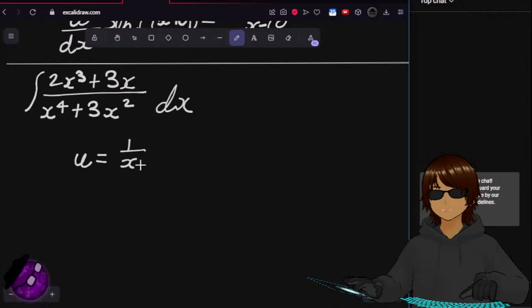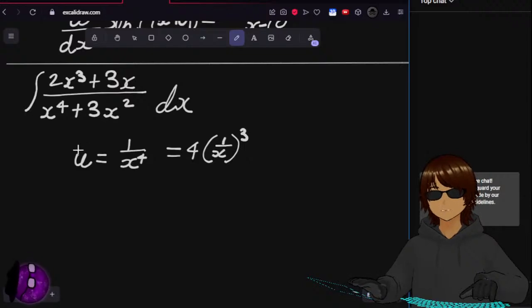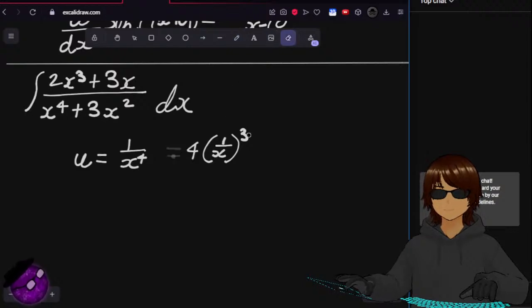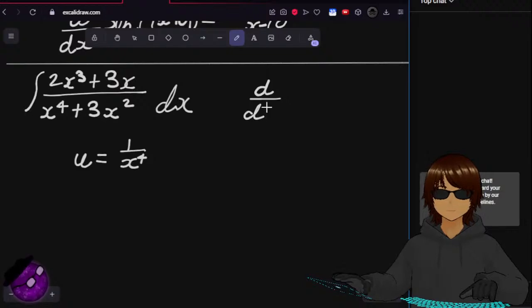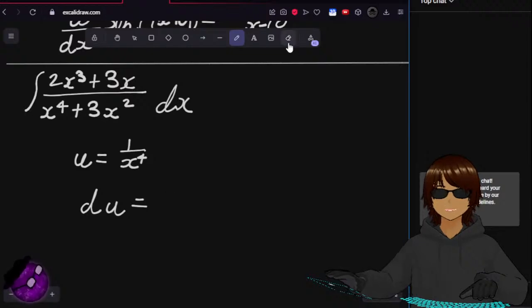u is equal to x to the power of 4. We can imagine this as the whole thing being to the power of 4. I need to think about this.